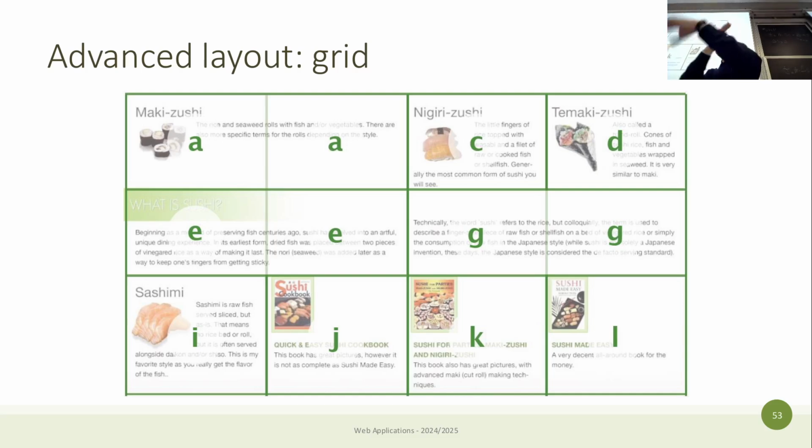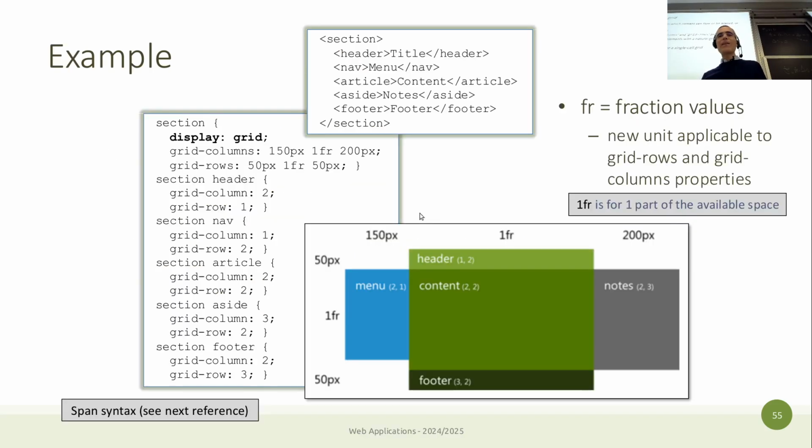Much easier to work with a grid rather than elements that float around. And this works, but you need to have the display grid basically for the whole page. So again, it's not that convenient sometimes.